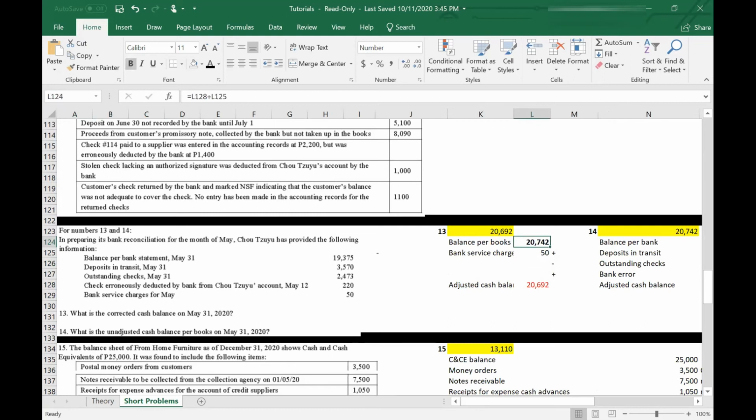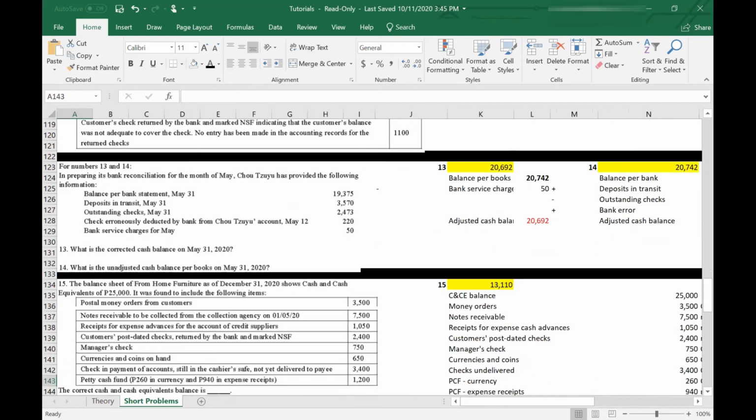For you to get the balance per book, you just simply add the two, right? It's 50 plus 20,692. Kasi, to get the unadjusted cash balance per book, it's balance per book minus bank service charge. So, by virtue of transposition, the balance per book would be the adjusted cash balance per book plus the bank service charge. So, for this item, the balance per book should be 20,742 pesos.